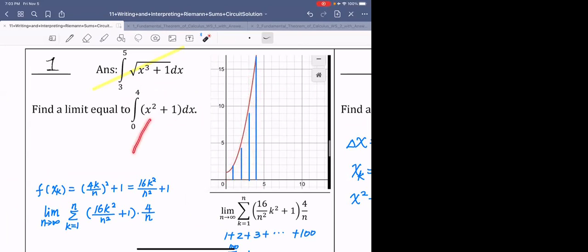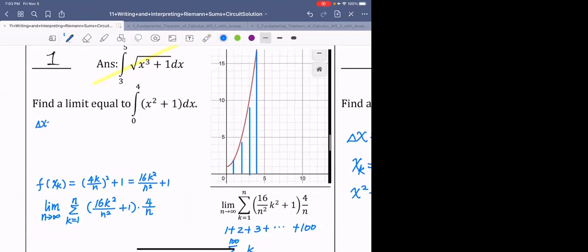If we want to change this to the Riemann sum, first, number 1, delta x equals how much? I guess it's 4 minus 0, so just 4 over n. 4 minus 0 divided by n. That is 4 over n.